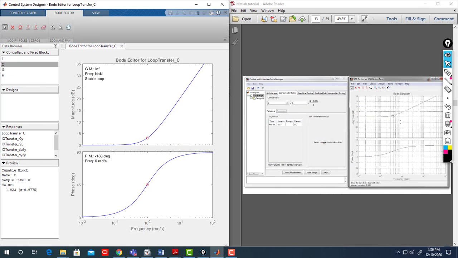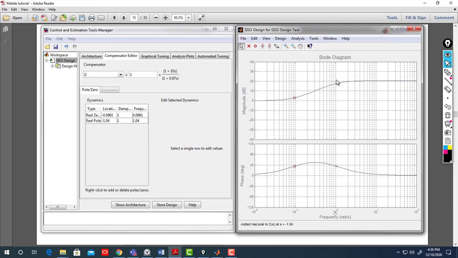So what they could do, for example here in this tutorial, they are adding another controller, another pole at 1.